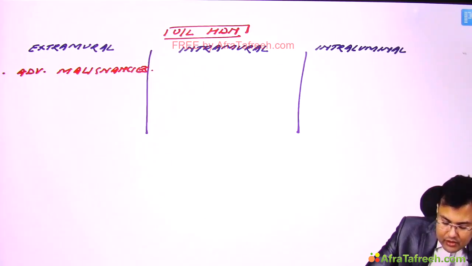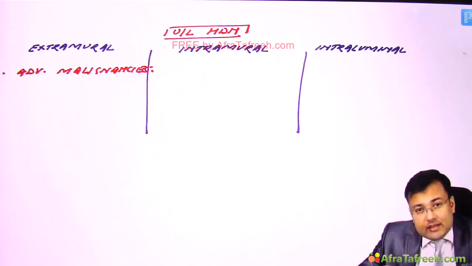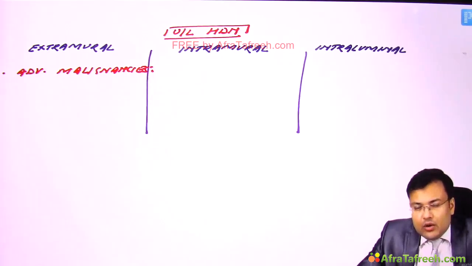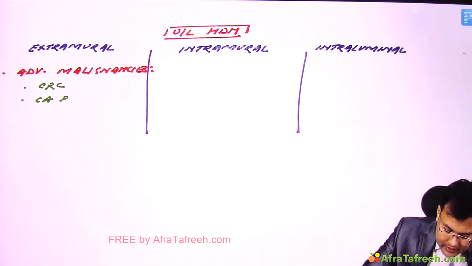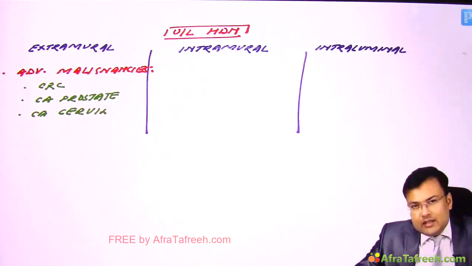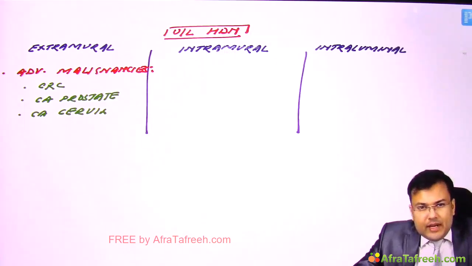So what are those advanced malignancies which can compress the ureter? Obviously colorectal cancer. See the relation of the ureter in the pelvis. And what else? Carcinoma prostate, and in females carcinoma cervix. Clear? Other causes, we discussed retroperitoneal fibrosis.